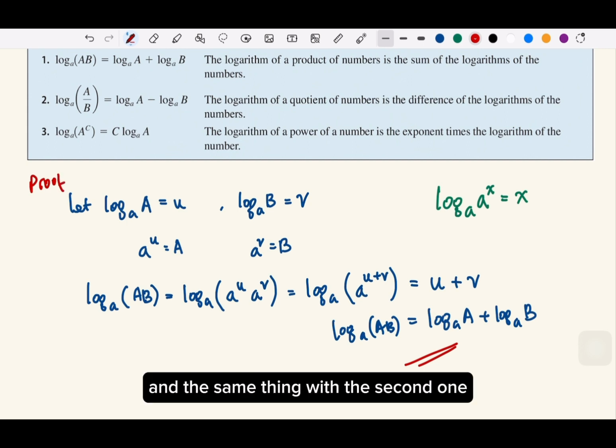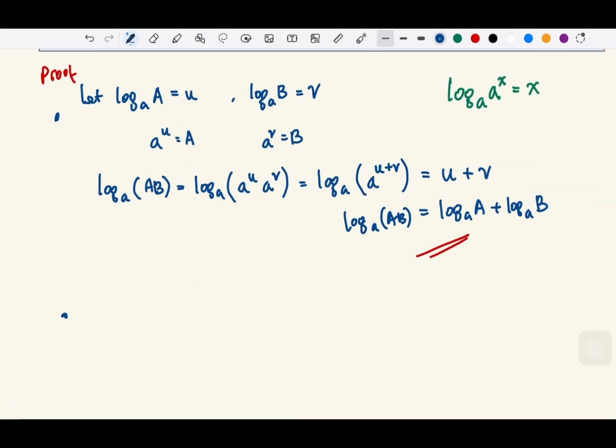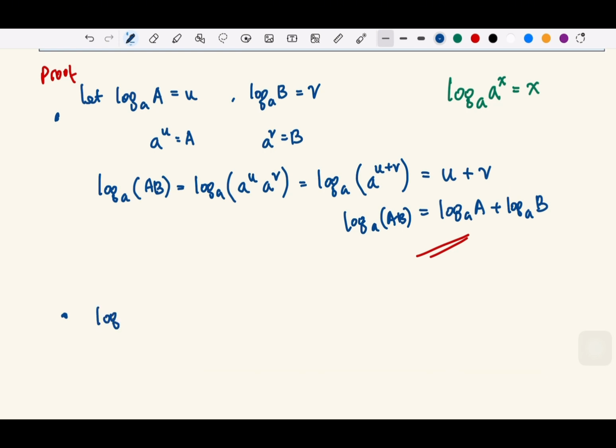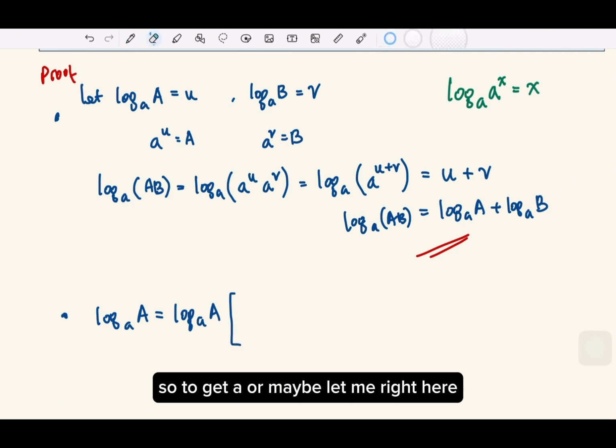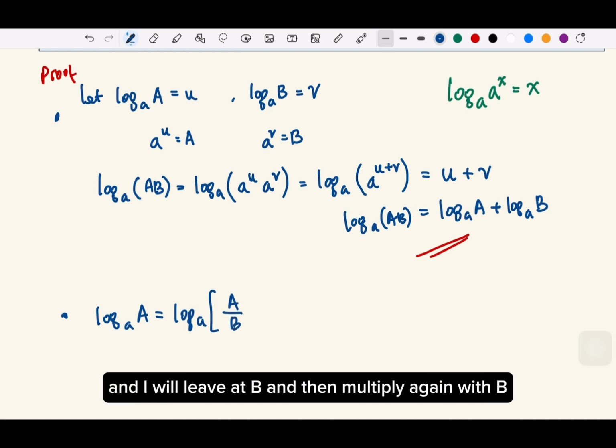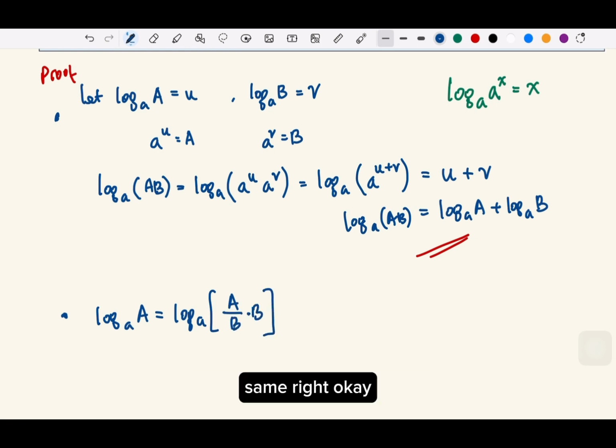And the same thing with the second one, with the same symbolization. To get A, we are going to have A, and I will divide by B and then multiply again with B. Same, right? Okay, I can write it like this.